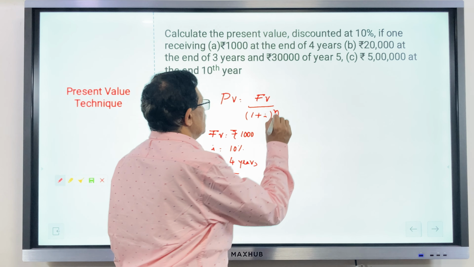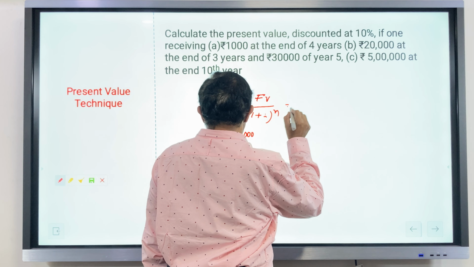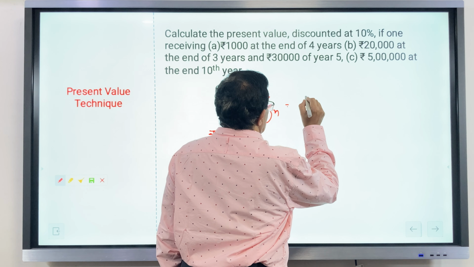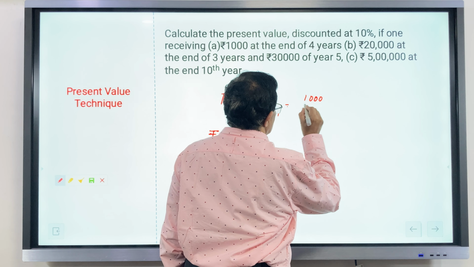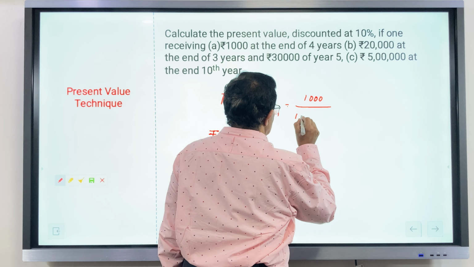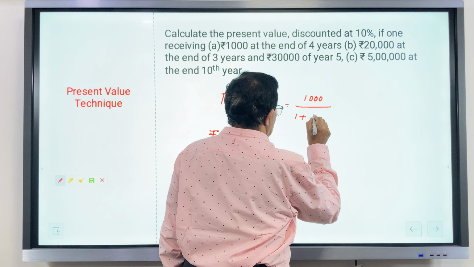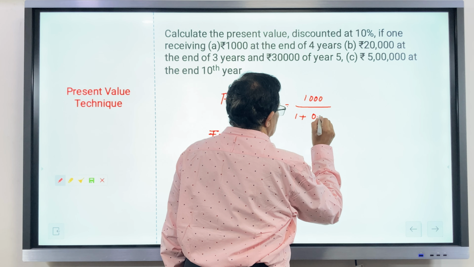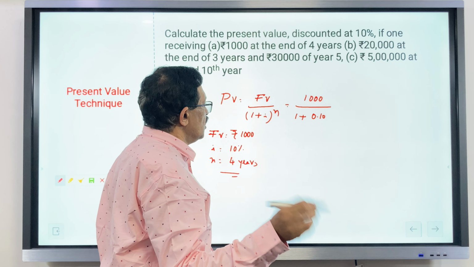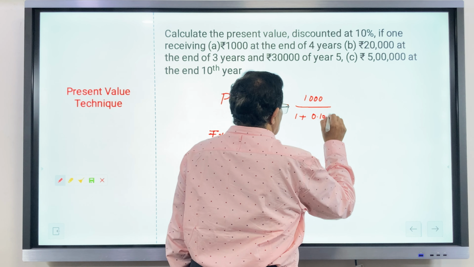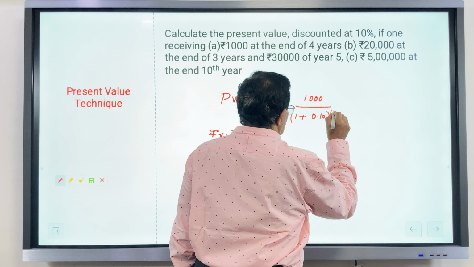Let us substitute these values here. Future value is 1000, and 1 plus I is 1 plus 10%, that is 10 divided by 100, which is 0.10, to the power of 4.